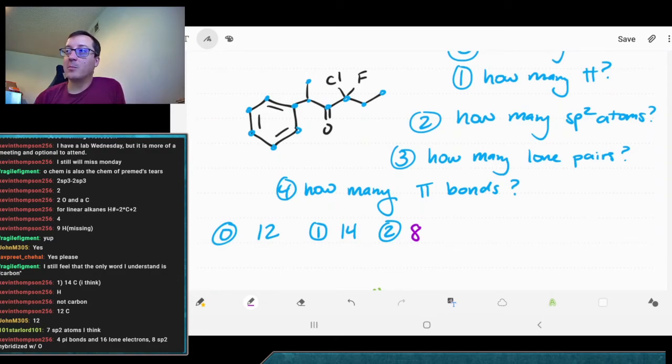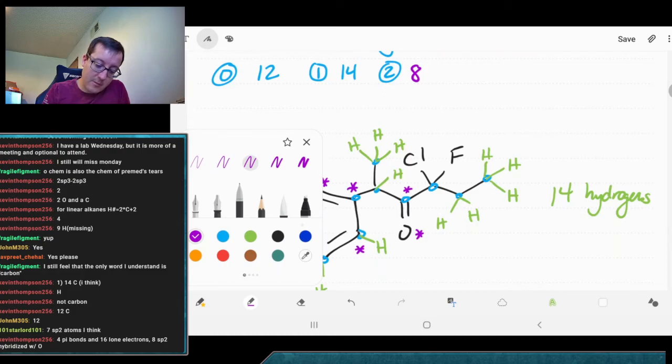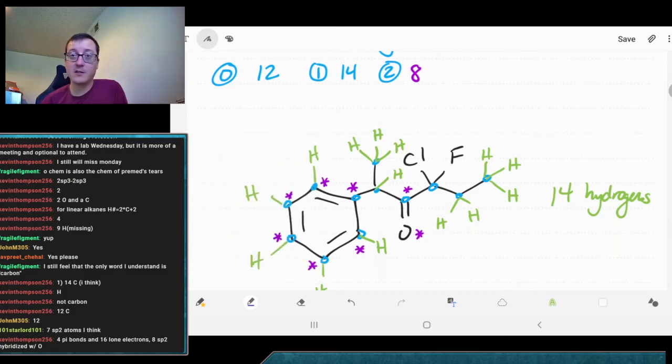How many lone pairs do we have in this molecule? Well, if we want to take a look at lone pairs, we know that carbons typically are not going to have lone pairs, so we're looking at heteroatoms. So we have 3 heteroatoms in this particular one.